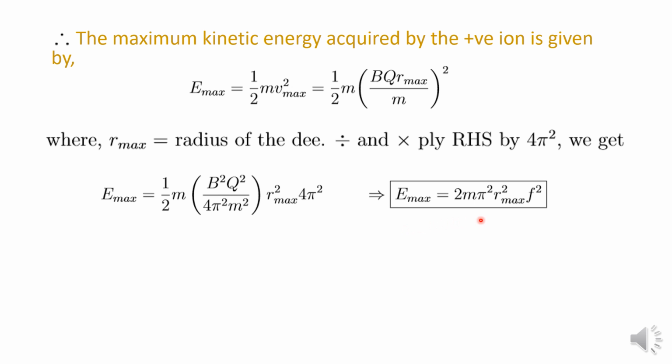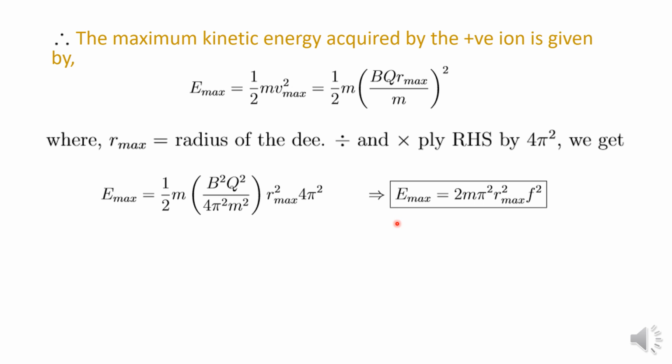Look at this. If you want to increase the maximum energy, you have to increase r. That means you have to increase the maximum value of r. You have to use the electrode which has greater radius, you have to increase the size of the electrodes.